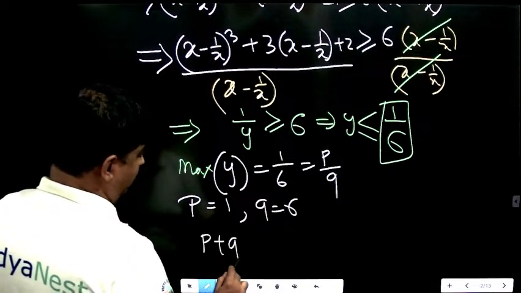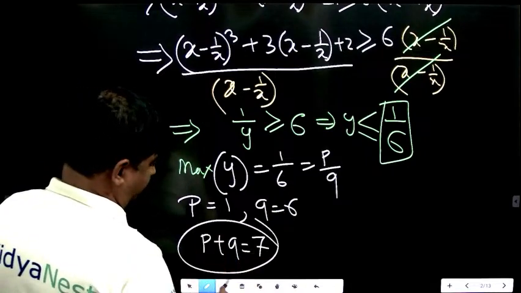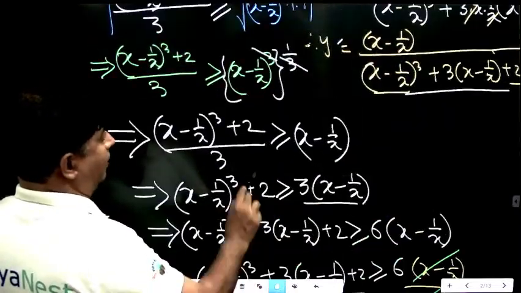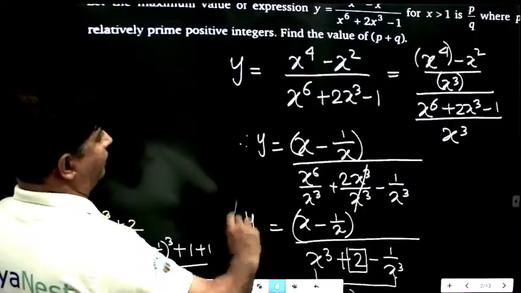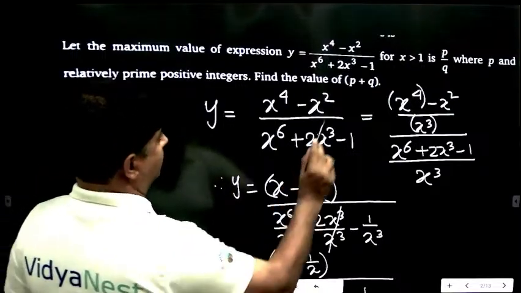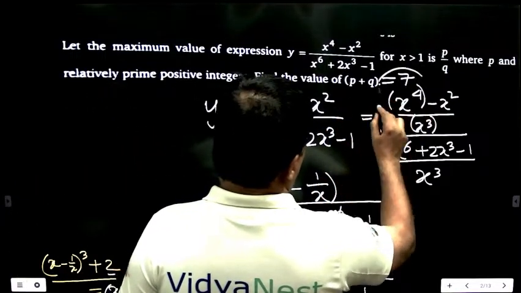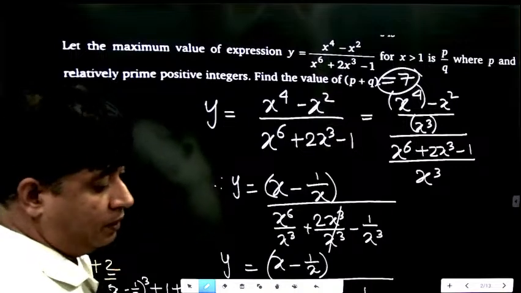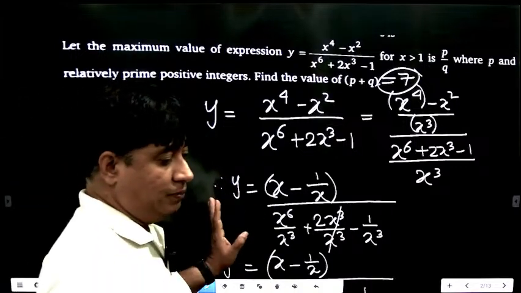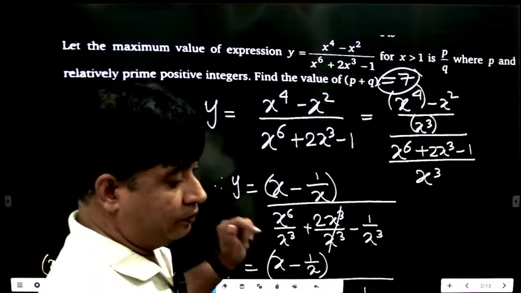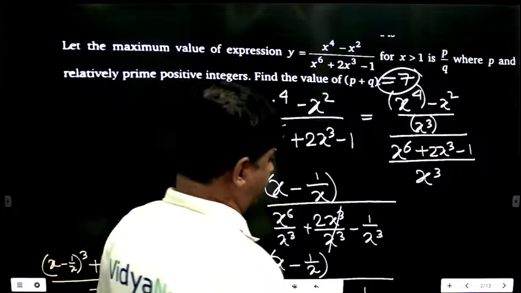P plus q is 7. Okay, the sum which looked so tough has become so simple. P plus q is 7. Okay, you understood this sum? Very good.